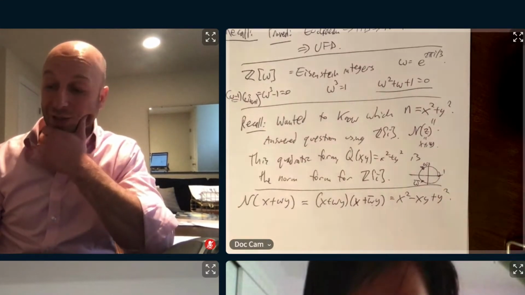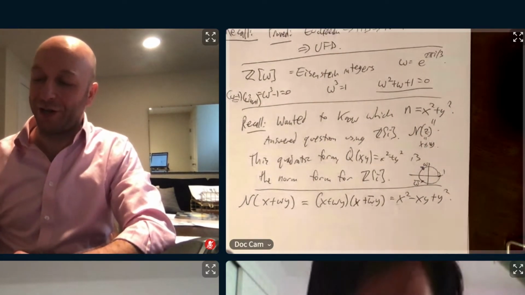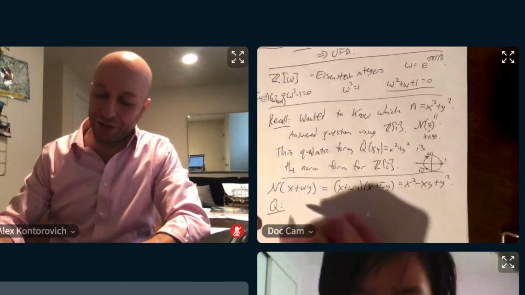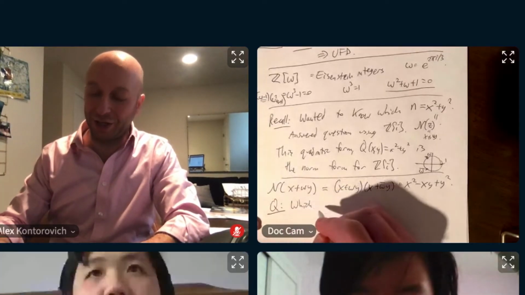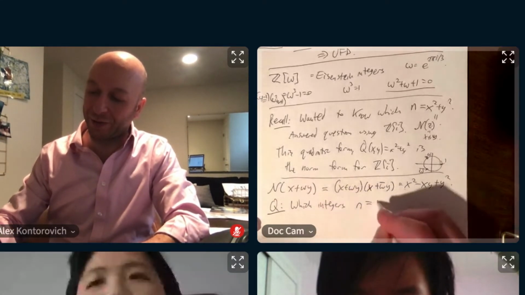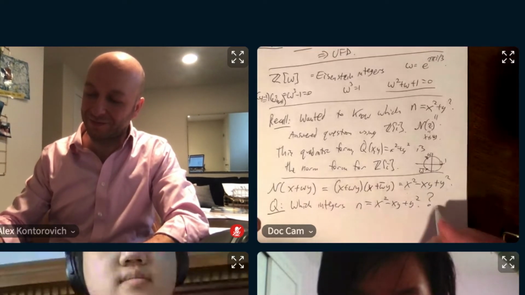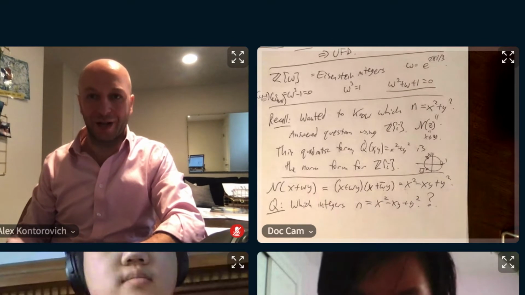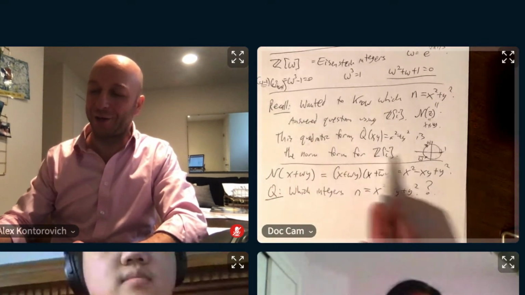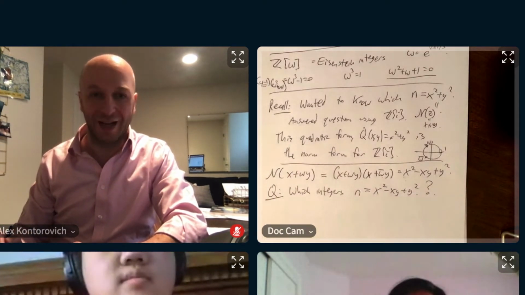Okay, so having studied the Eisenstein integers, can we reverse engineer our question? So here's our new question: which integers n are representable by this quadratic form? That was kind of the culmination of all of our hard work on the Gaussian integers, and now we're going to see what happens for Eisenstein integers.